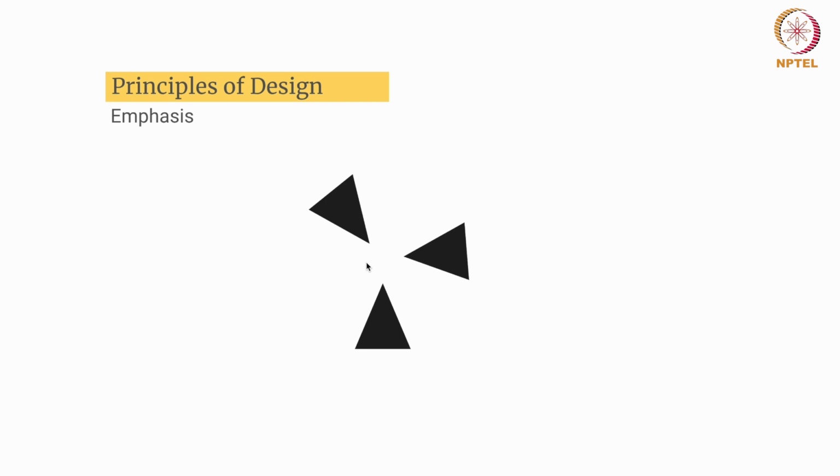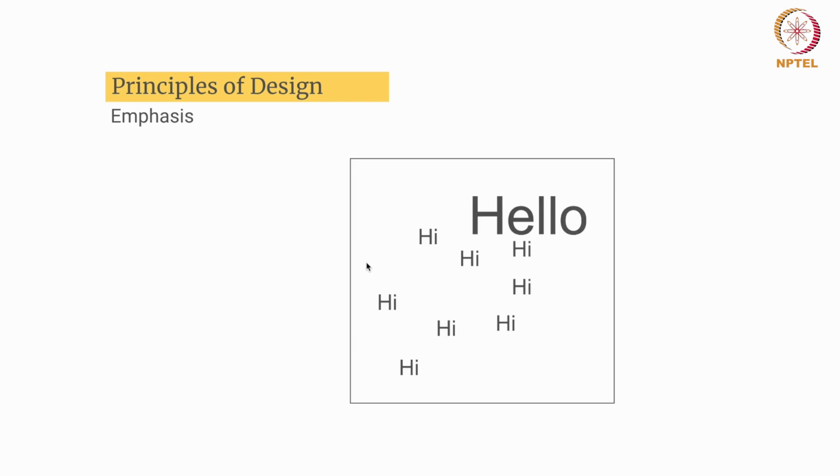There are many techniques to draw attention to a portion of a design. In this image, you can clearly see there are two major elements, that is the words hi and hello. Here you can see the word hi is smaller compared to the word hello. The point size of hello is much larger compared to hi.